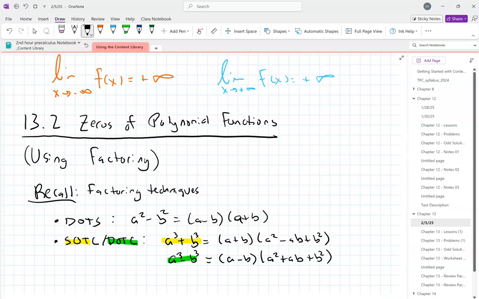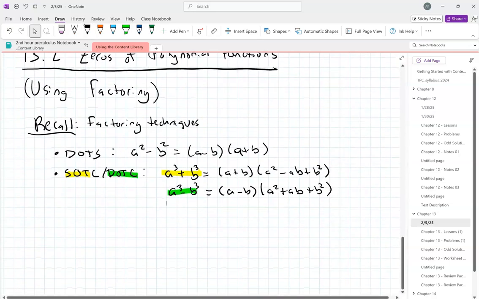You guys remember these factoring patterns from last year?